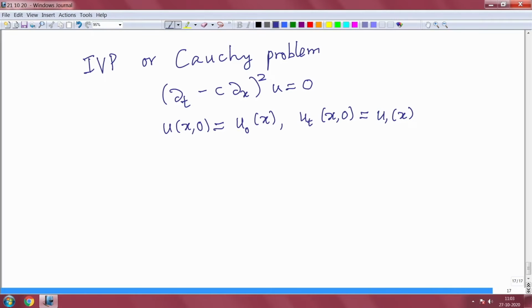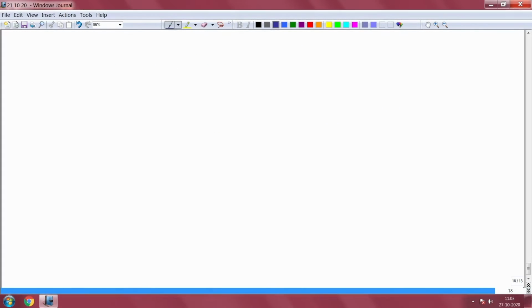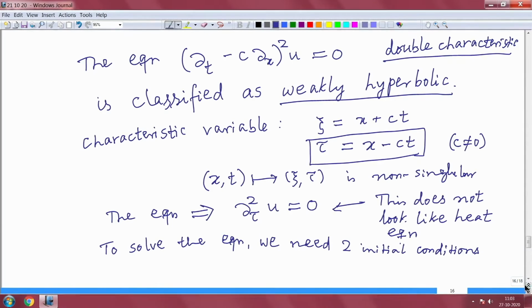So, now since there is only one characteristic, we have already done it here. Let us go back. So, we get this with this change of variable in the new variables j and tau, this equation reduces to del tau square u equal to 0. Okay.